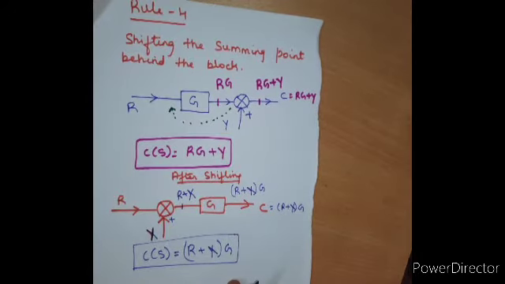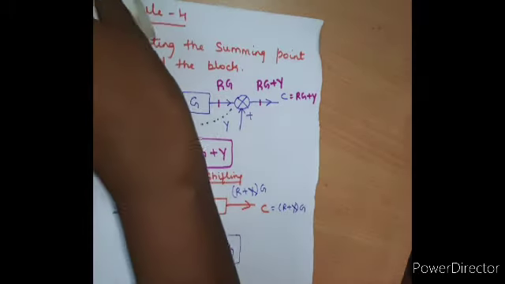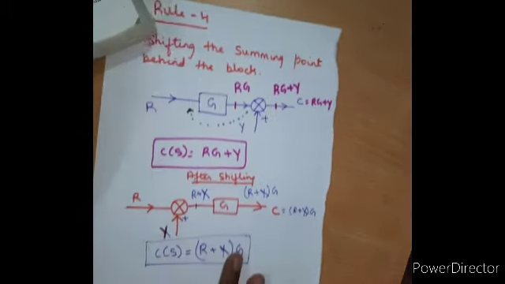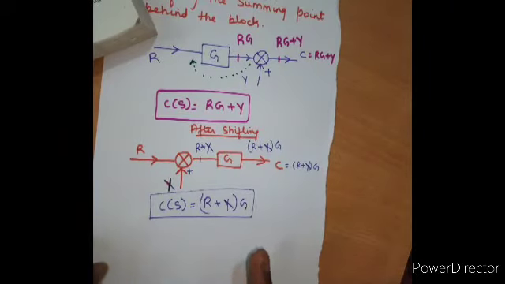So what should I add? You have already studied in your basics that in order to retain the output as it is, we divide and multiply by some factor so the output remains the same. The same logic we are going to bring here.